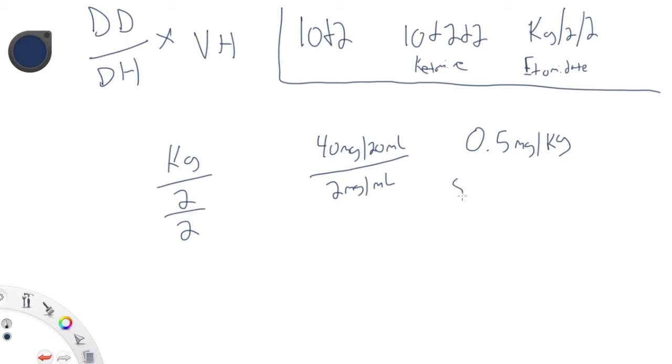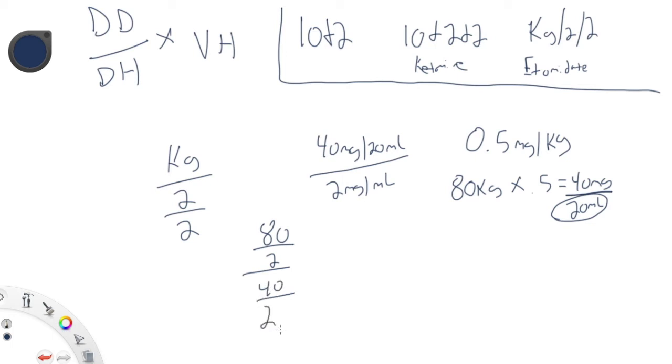If they are 80 kilograms, we multiply that by 0.5, which is 40 milligrams, so we know we're going to get the full 20 mLs here. Let's see how this rule works. Kilograms divided by 2 is 40, divided by 2 is 20 mLs. So that is the kilogram divided by 2 divided by 2.